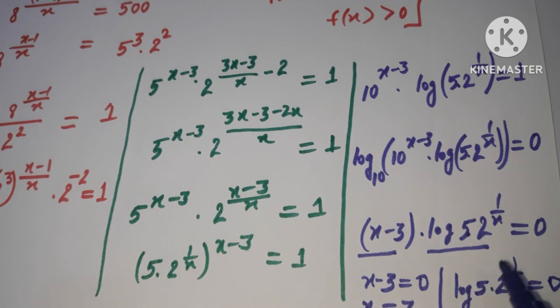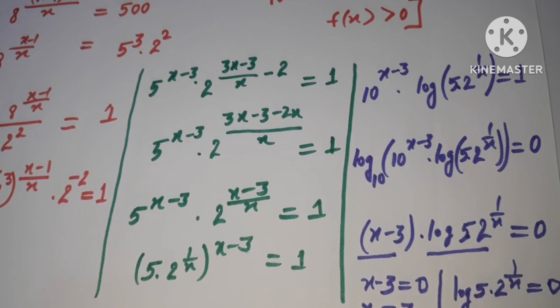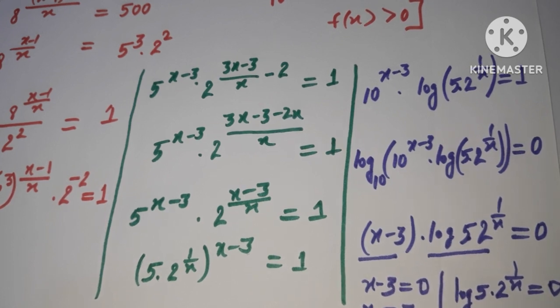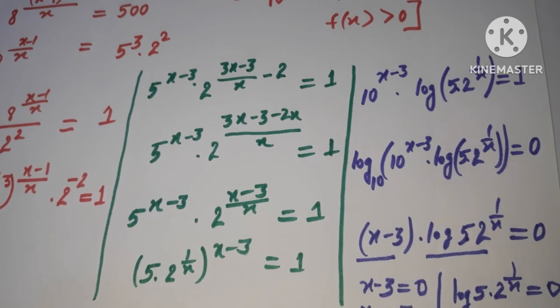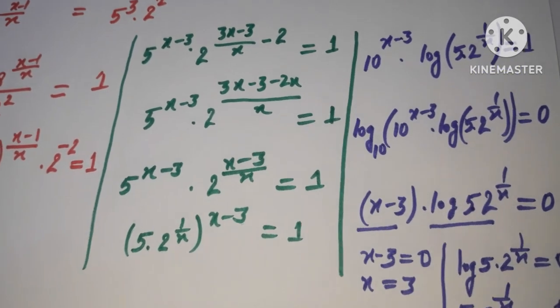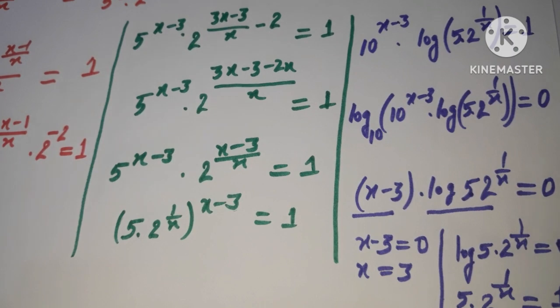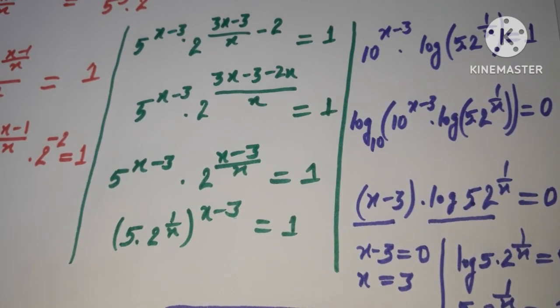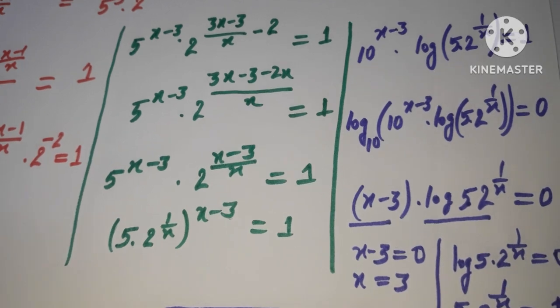So this gives 5 times 2 to the power 1 upon x equal to 1, so 2 to the power 1 upon x is 1 upon 5.